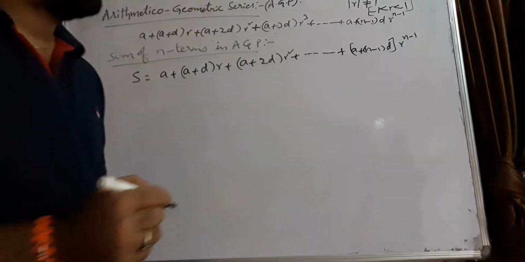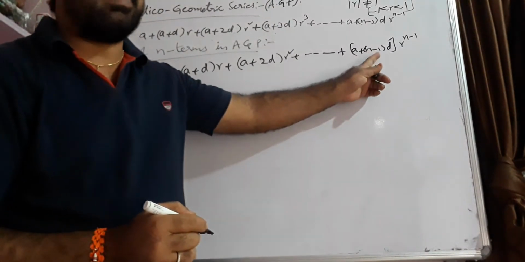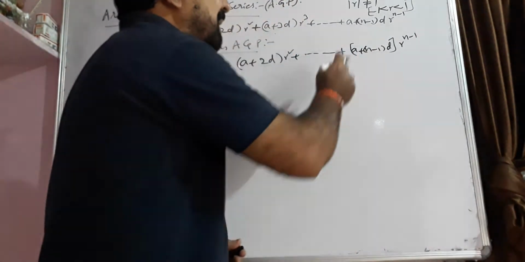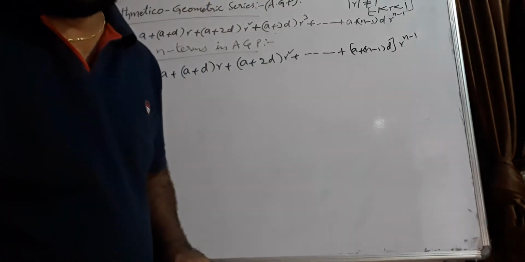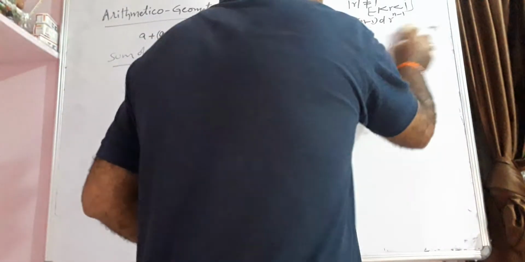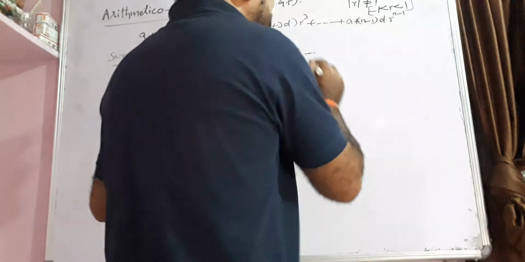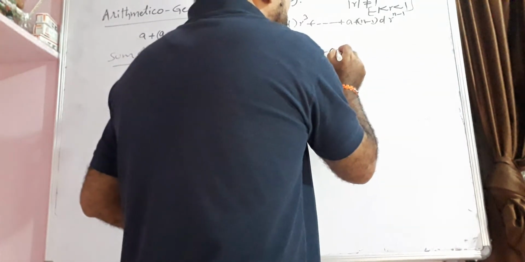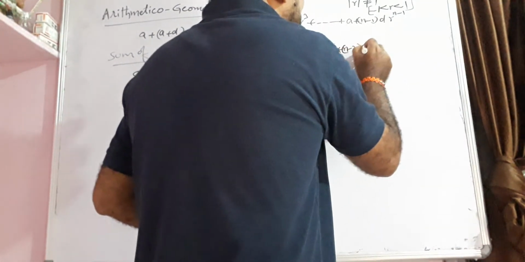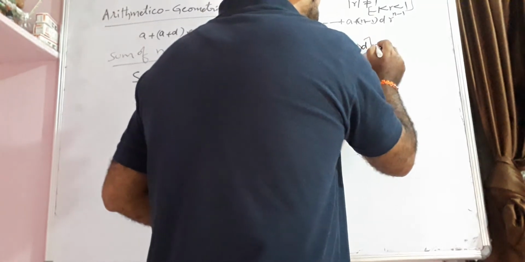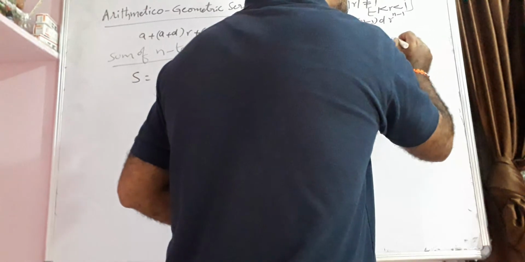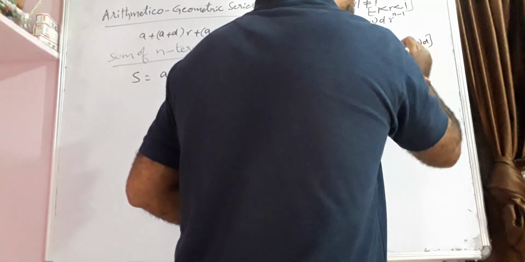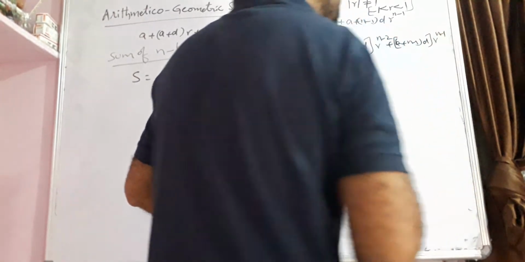Here this is the nth term in AGP, but what is the term before the nth term? It is a plus n minus 2 into d of r power n minus 2. That term also I am going to write for our convenience. And so on, plus a plus n minus 2 into d of r power n minus 2 plus a plus n minus 1 into d of r power n minus 1.